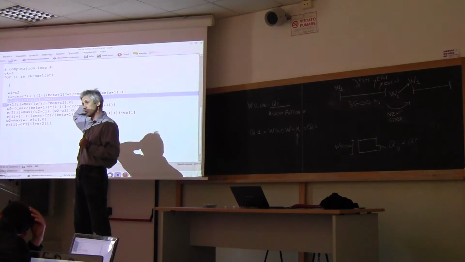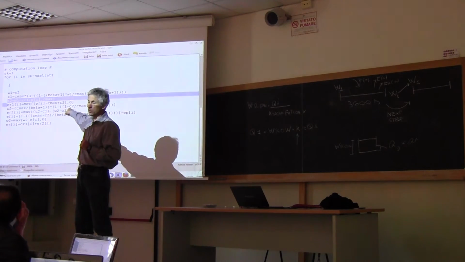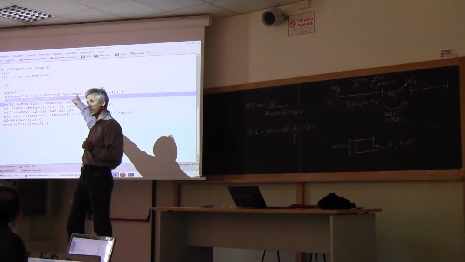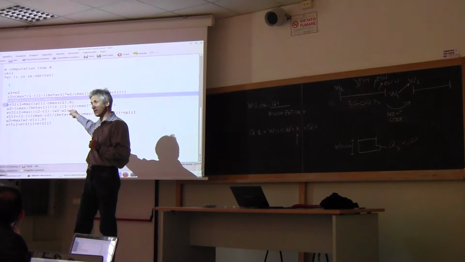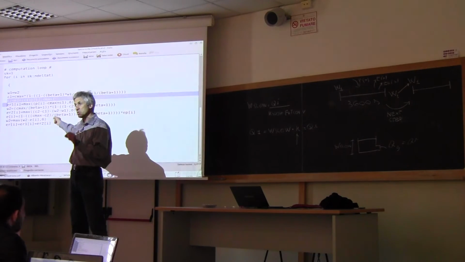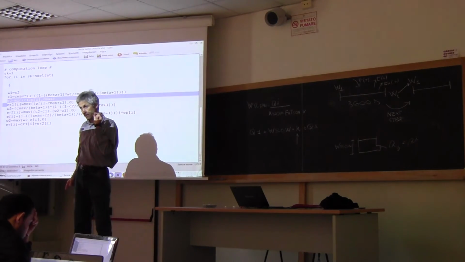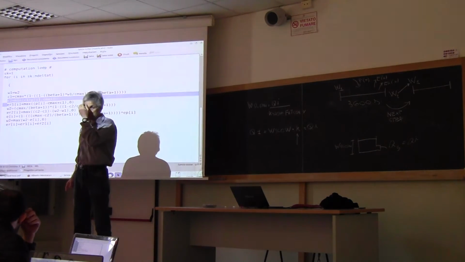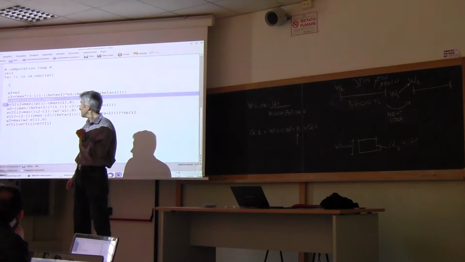P is the symbol for rainfall. Be careful that the application of this function will require that your rainfall is stored in a vector which is called P. Be careful of that.